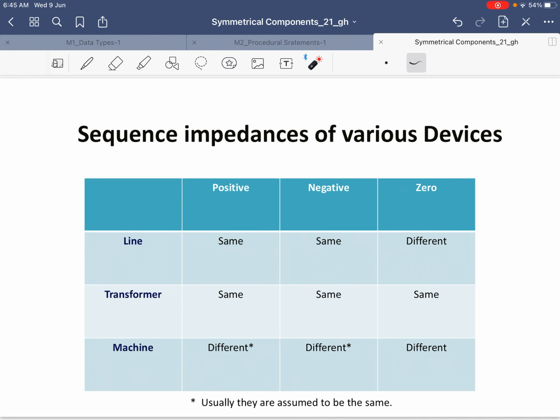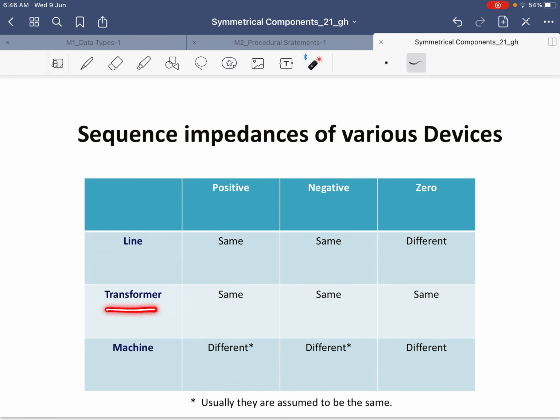Usually the sequence impedances of various elements or devices in the power system have certain characteristics, which I am listing out here. For example, for a transmission line, the positive sequence impedance is usually the same as the negative sequence impedance, whereas the zero sequence impedance offered by the transmission line is different.